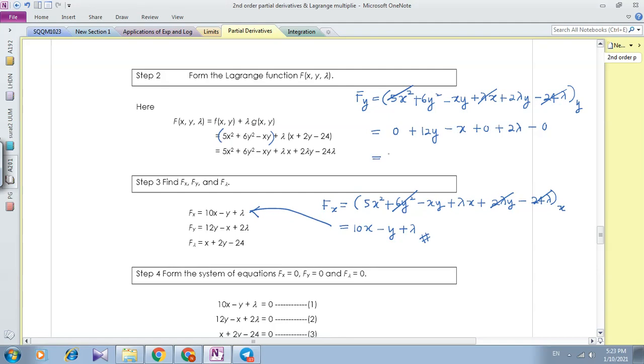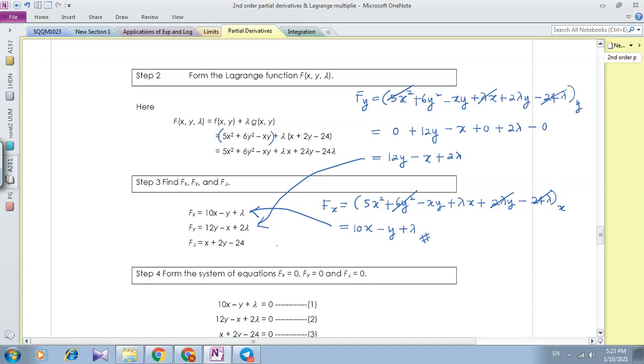So the final answer will be 12y minus x plus 2 lambda, the same as here.